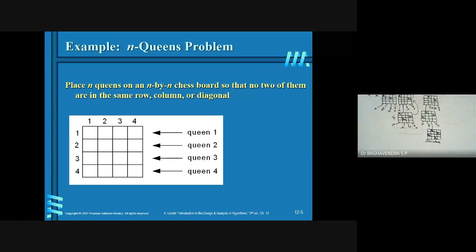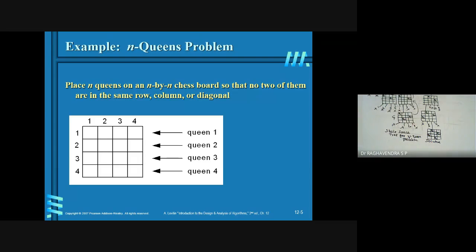This is how we can find the solution for a given problem using a state space tree. We call this the state space tree for the N-Queen problem.